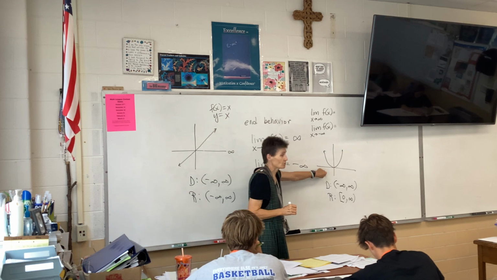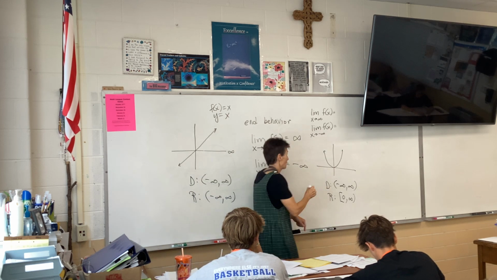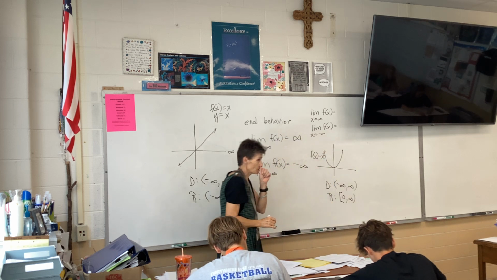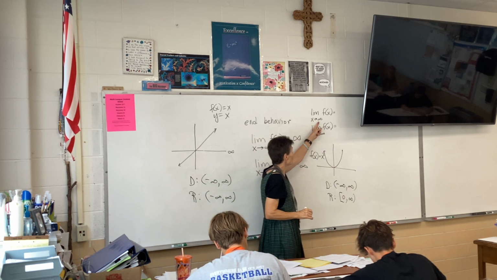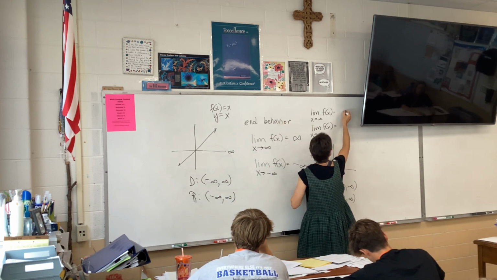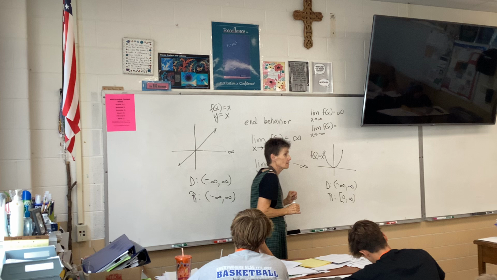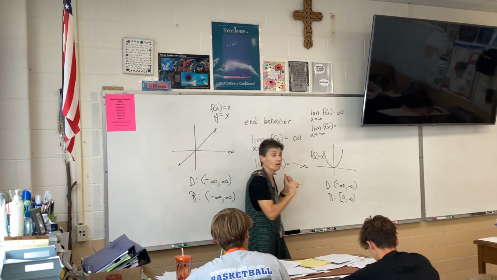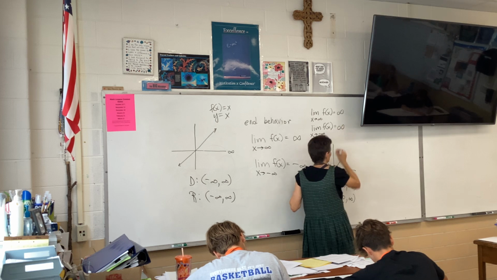And this is the function we're looking at here. So tell me, what happens as I go right? Up, so that's positive infinity. What happens as I go left? Also up, positive.